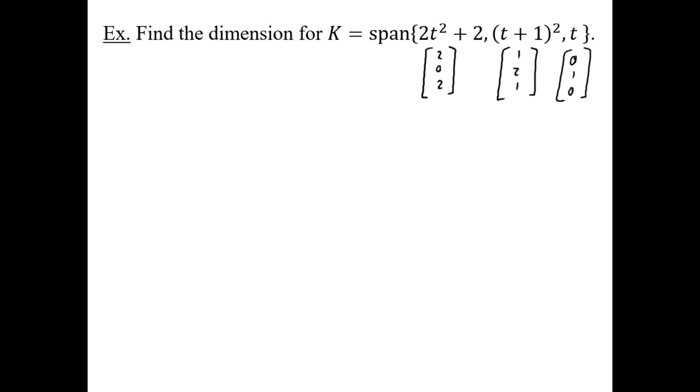So when I'm asking what is the dimension, again, I'm asking, are these independent or dependent? And how many of them do I need for it to actually be independent? Well, that's the same as asking, let's create the matrix with these columns.